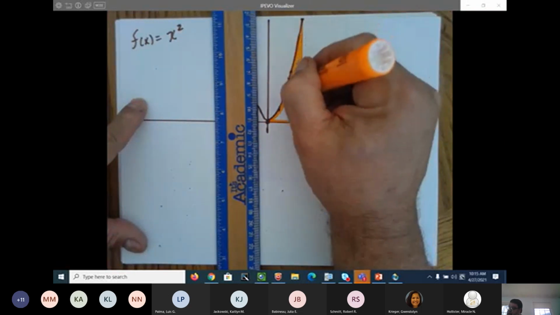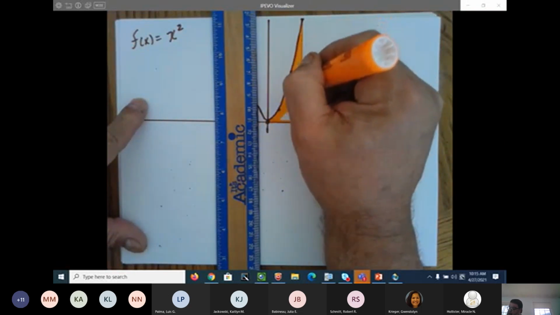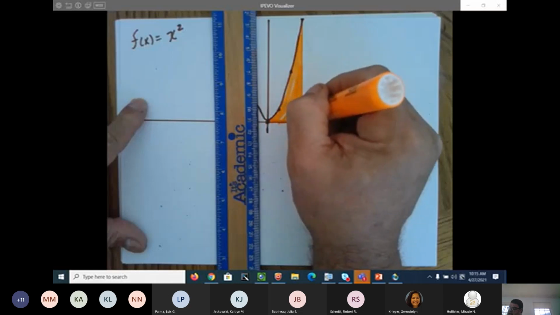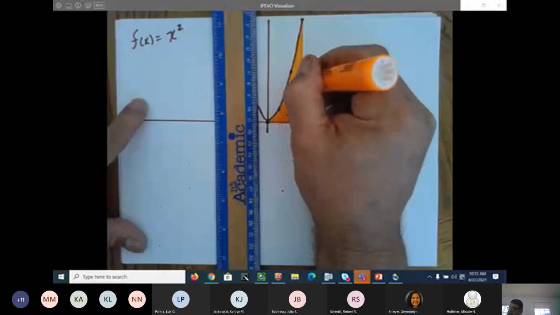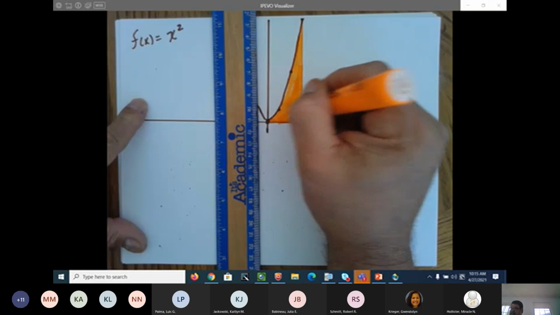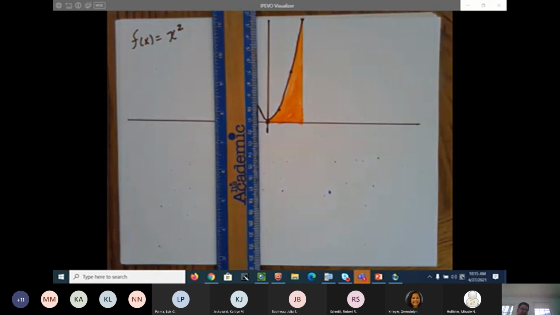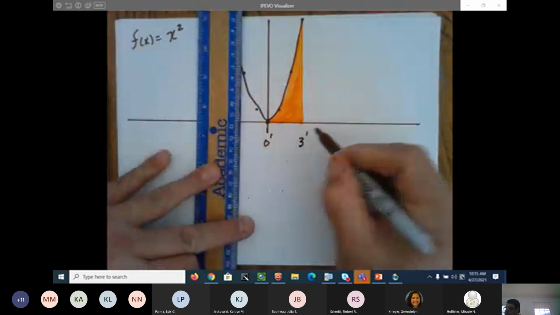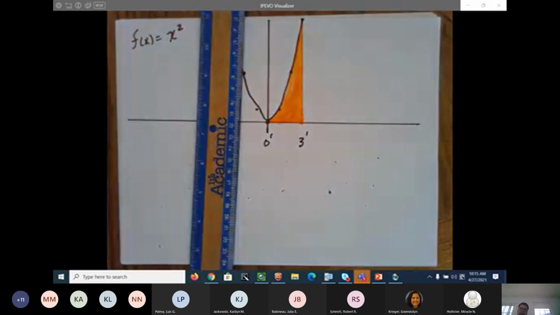Now let's make this a little bit more real. Let's say this on the bottom is feet, so 0 feet to 3 feet. I want to find the area under that curve.